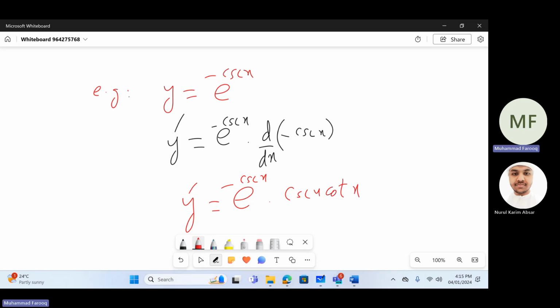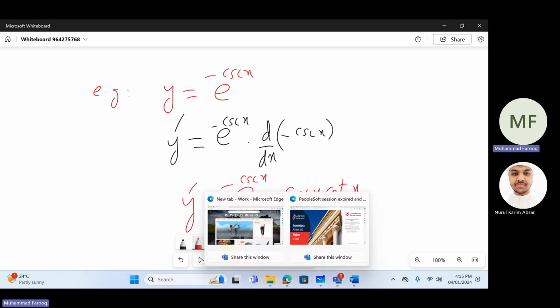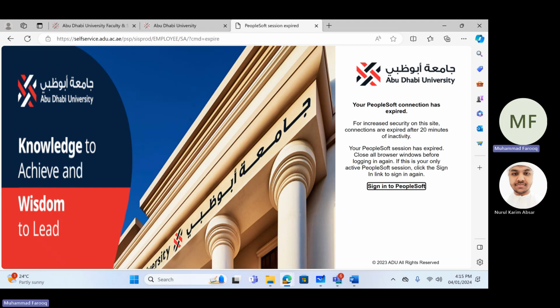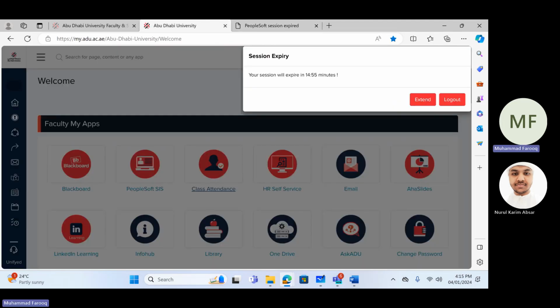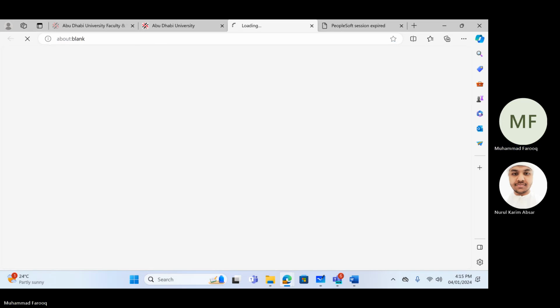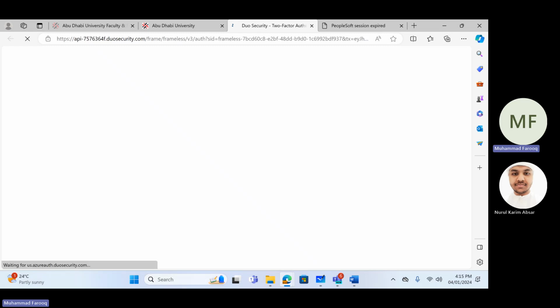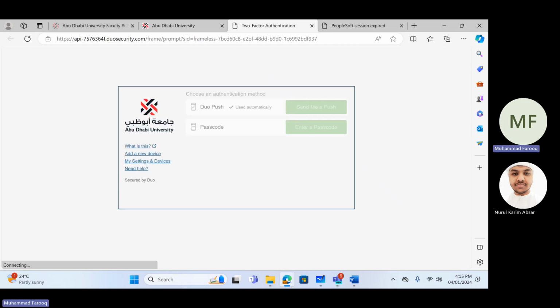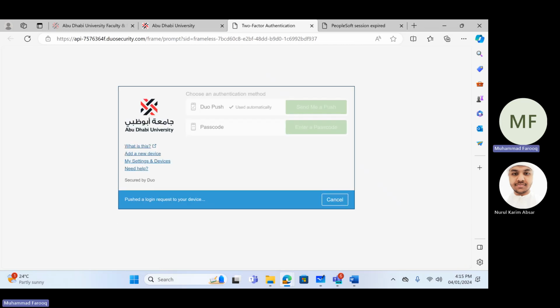Let me check if I have something. It's the easiest topic in Calculus 2, the differentiation of exponential function base e. I think even the integration aspect is easy.